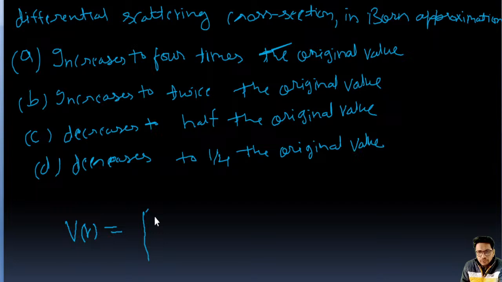So V(r) equal to V naught if r is less than or equal to R, or 0 if r is greater than or equal to R. So this is the given.